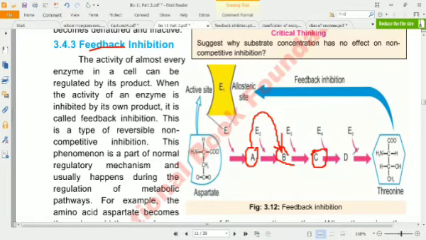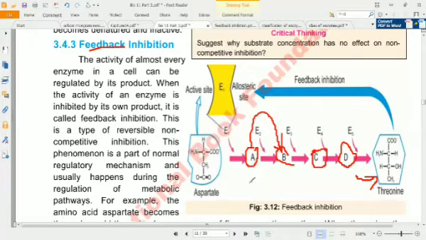Then it is changed into another intermediate product, and enzyme 5, called threonine synthase, acts on it. So E1 is aspartokinase, E2 is aspartyl semi-aldehyde dehydrogenase, where hydrogen is removed. Then at number 3 we have homoserine dehydrogenase, then E4 homoserine kinase, and then E5, threonine synthase, and in the last we have our final product, threonine.